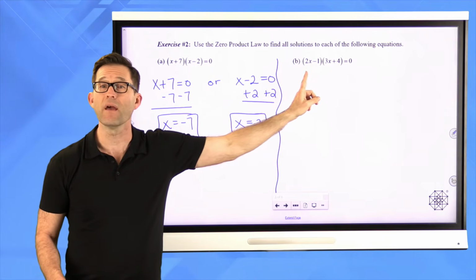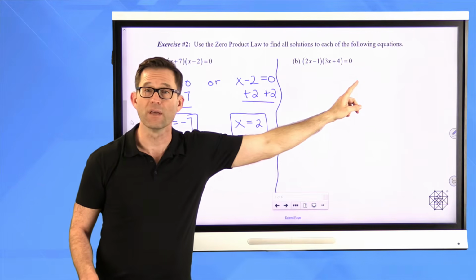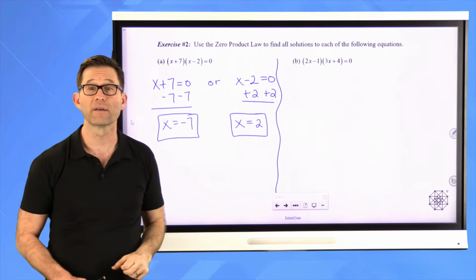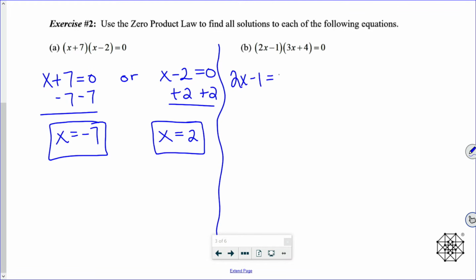In letter B, I have 2x minus 1 times 3x plus 4 is equal to 0. Since I have a product equal to 0, either the 2x minus 1 could be equal to 0, or the 3x plus 4 could be equal to 0. Now, these two equations take a little bit more work, but only a little bit more, right?